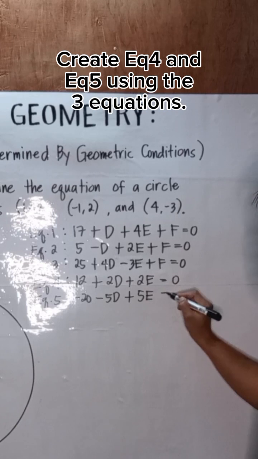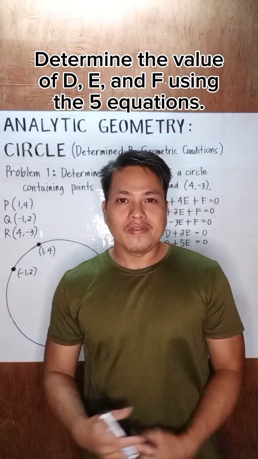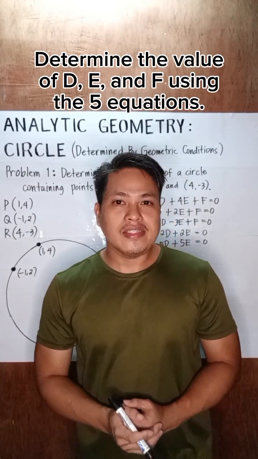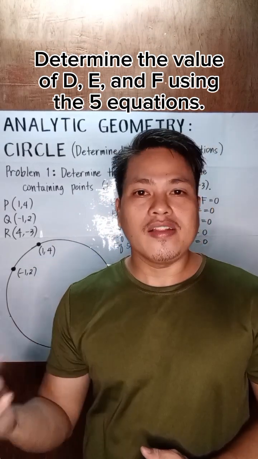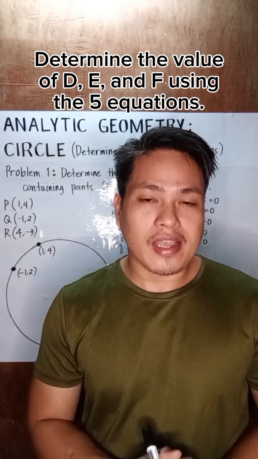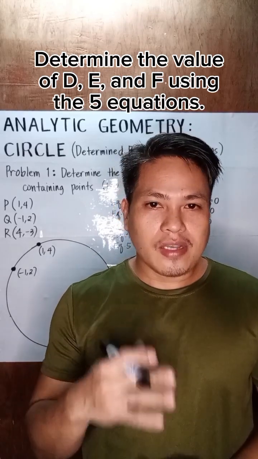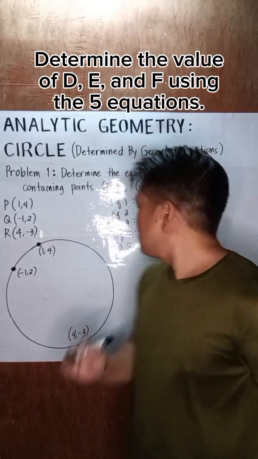Wala na rin yung F kasi nasubtract yung F. Kapag meron na tayong equation 1 hanggang equation 5, isa-isa na nating i-determine yung value ng D, value ng E, at value ng F. Para ma-solve natin yung value ng D, i-subtract natin yung equation 4 at equation 5.